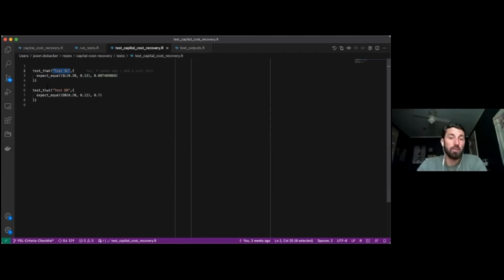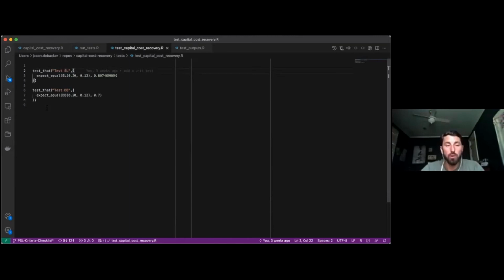You might have more descriptive names, like maybe we test the SL function with different configurations of input. Here we're just testing the SL function with one set of inputs. The second argument in test_that is the assertion statement, the thing that we're trying to make true in order to pass the test.